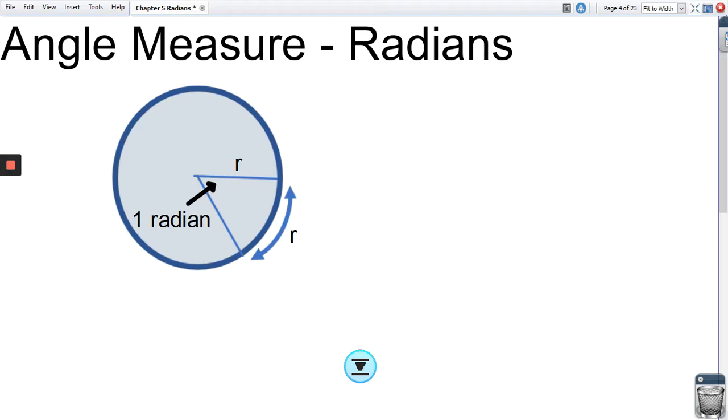So if you've got a radius here, then the radius along the circumference of a circle is 1 radian. That's how we define a radian, a much, much more mathematical way.